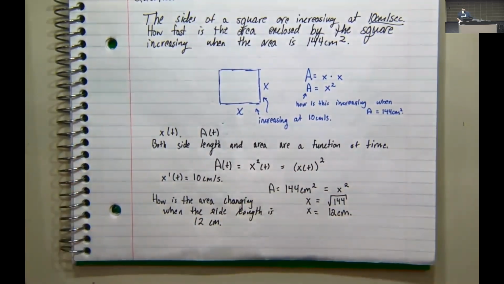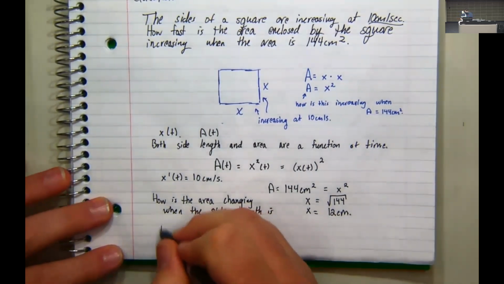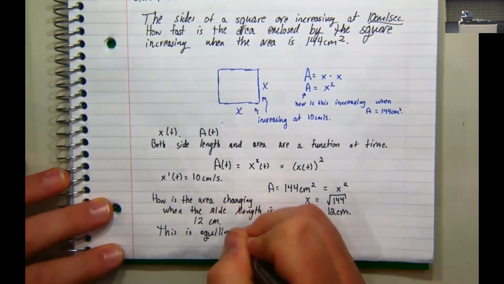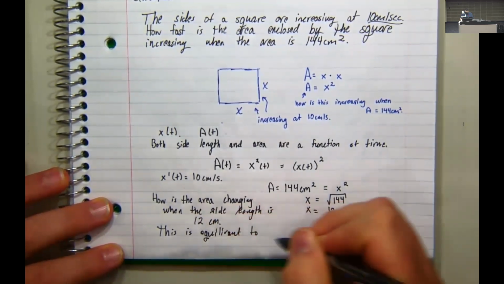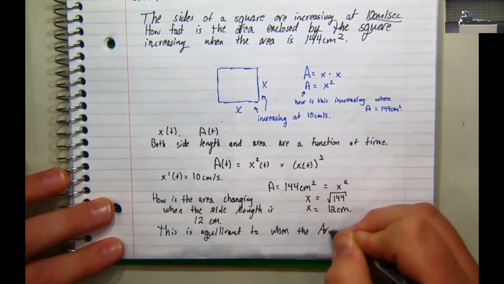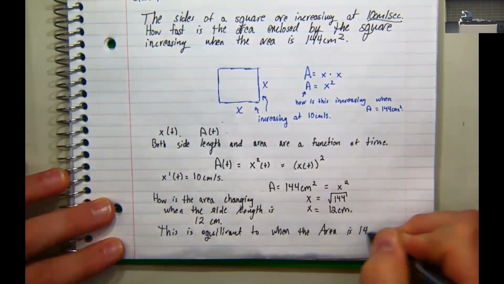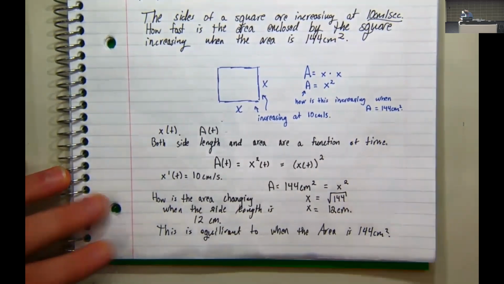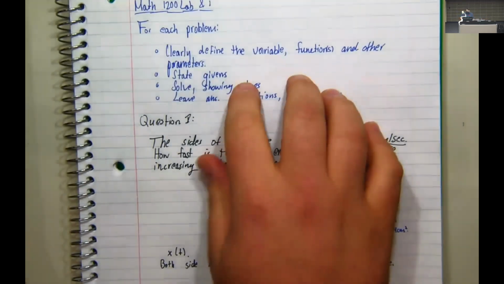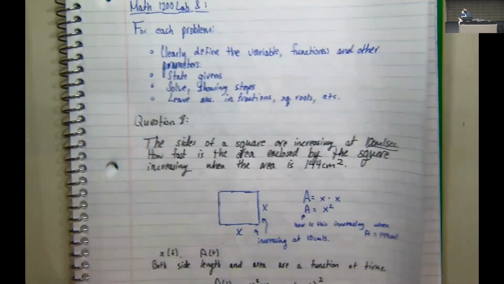This is equivalent to when the area is 144 centimeters squared. Same problem. And just let me freeze that. Okay, so we've stated our givens and we've clearly defined our variables. So now we will solve the problem.